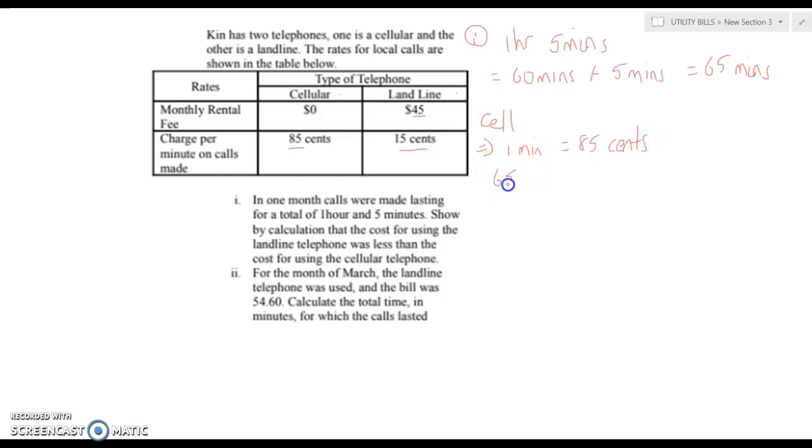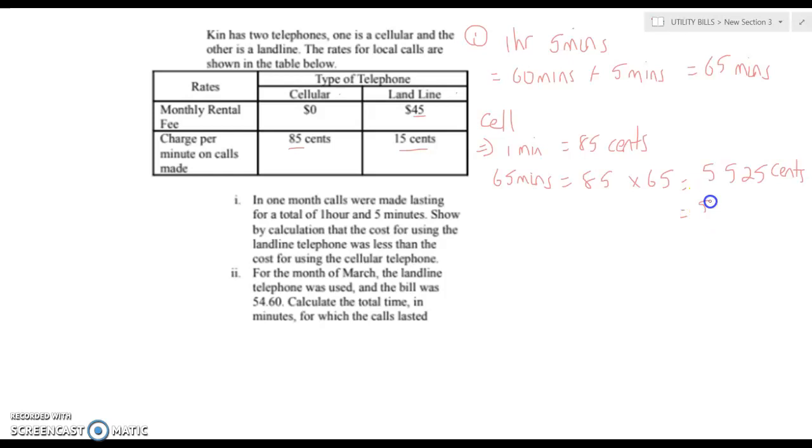So 65 minutes, because we're going to find for 1 hour and 5 minutes, right? So 65 minutes will be the amount for 1 minute, which is 85 cents, times 65 minutes. And when we multiply that, we're going to get 5,525 cents. Remember, it's cents. I didn't change anything yet.